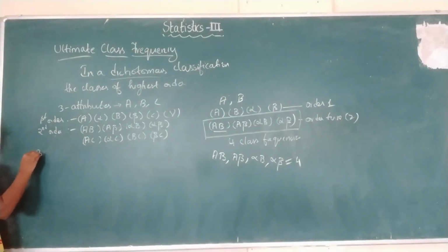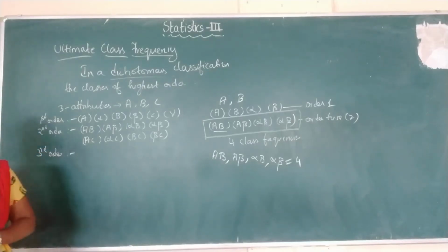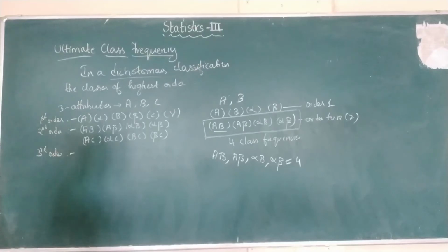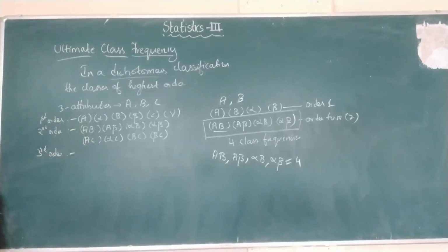Similarly, I will have the third order also. If I consider the third order, my class should have 3 attributes. So what are the different combinations I am going to get here?